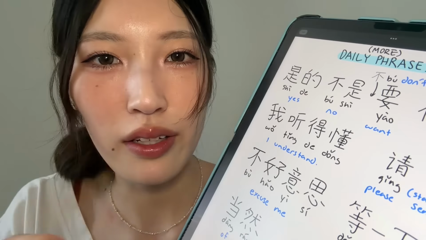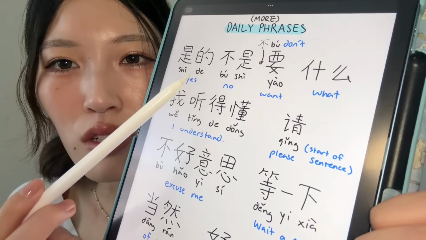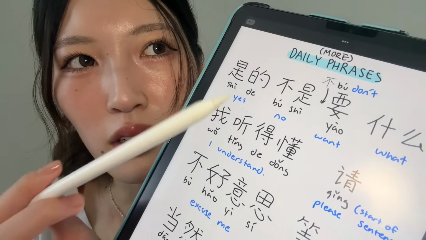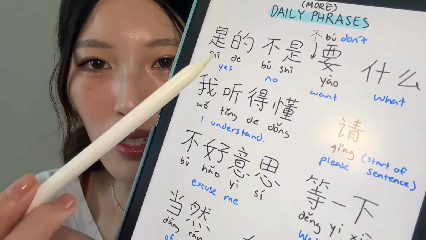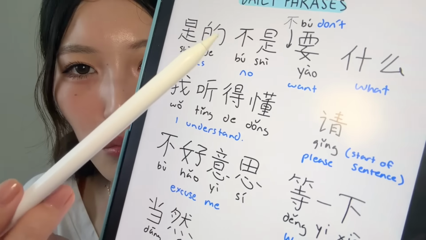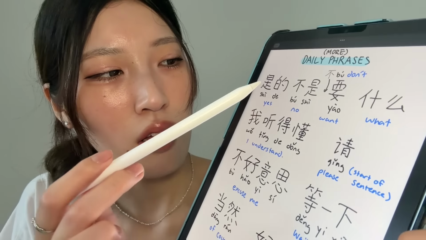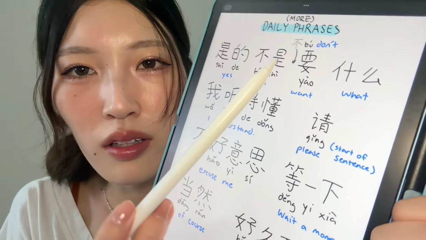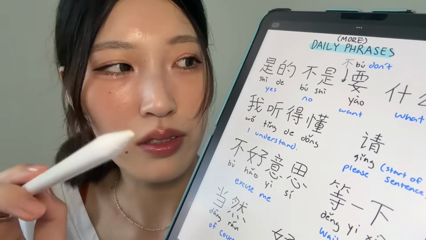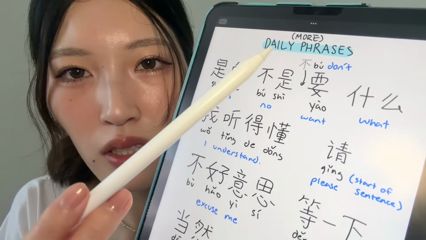Okay, good. Okay, 是的, which basically refers to yes, and 不是的, no. Okay, 要, 我要, want. Or if you don't want something, you can say 不要.